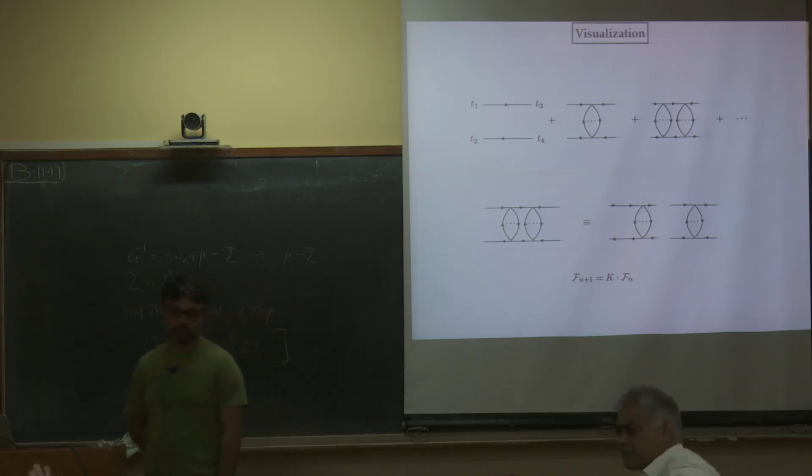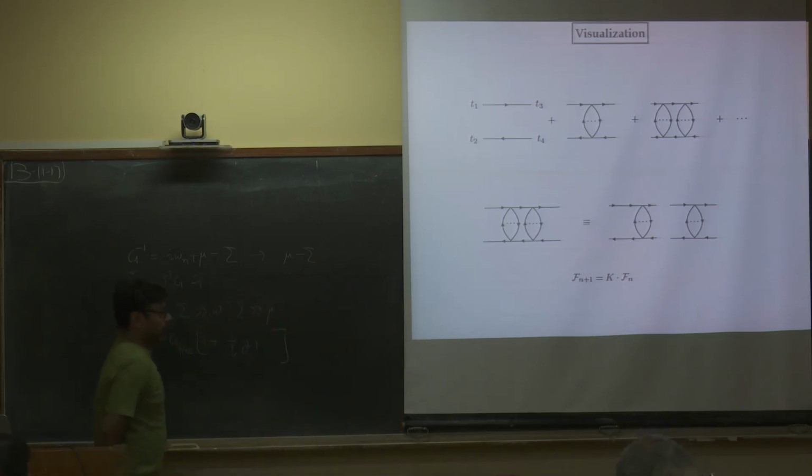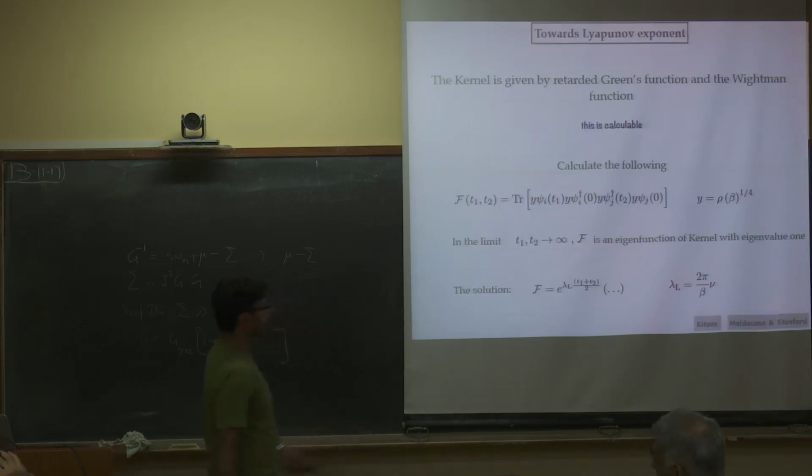Everything interesting happens when you go to omega of order 1. Okay, good. So this is just simple diagrammatics. I can see that this battery is dying out, so maybe I should try to conclude quickly.